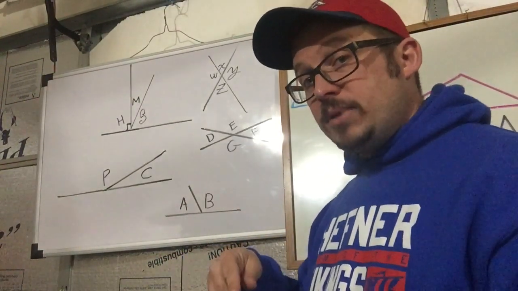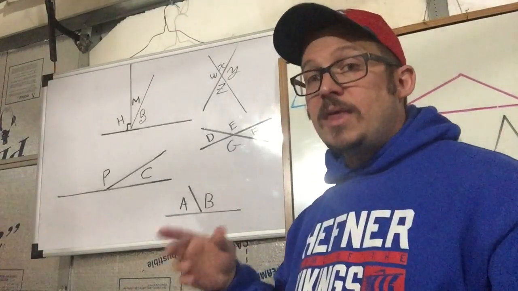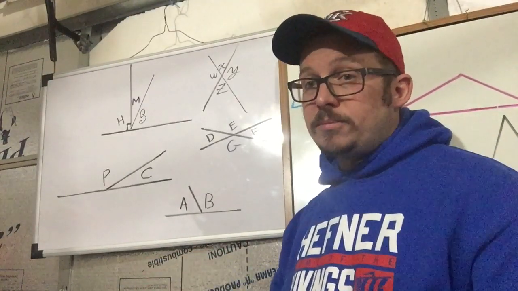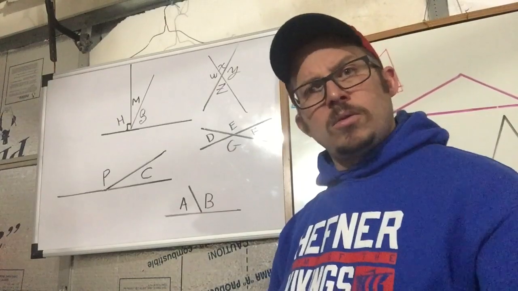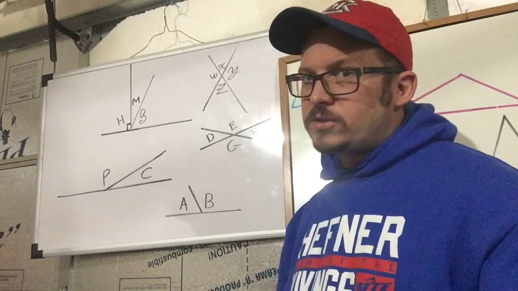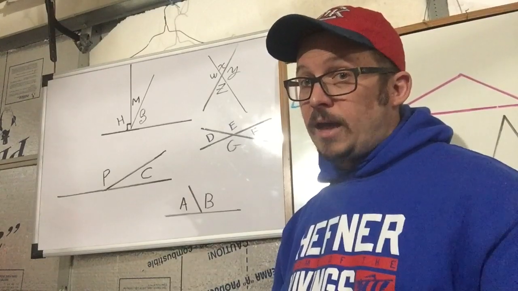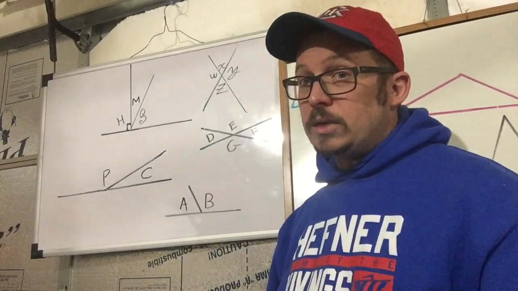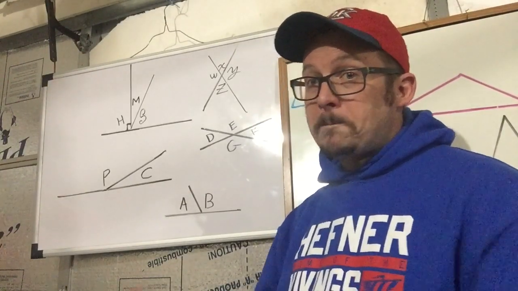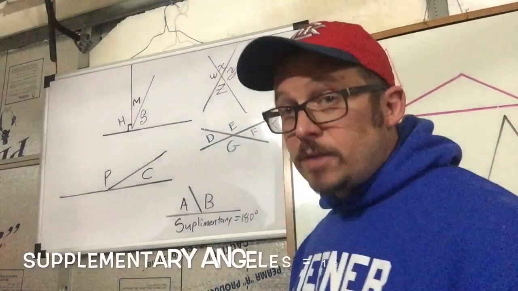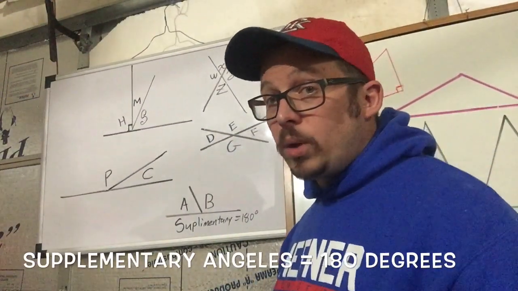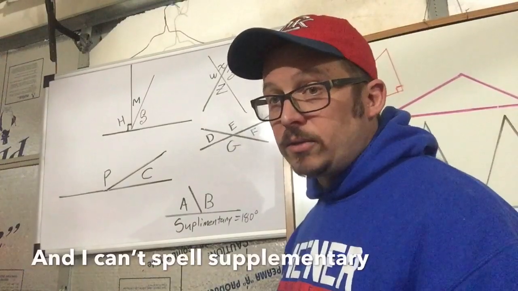If A and B add together, they make a supplementary angle. What? Yes, a pair of supplementary angles is any two angles that, when added together, equal 180 degrees. Boom. Supplementary angles equal 180 degrees when added together.